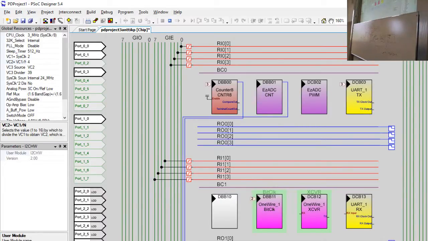But this I2C master is software only. It does not take any digital resources, because the timing is quite simple to arrange, fast or slow enough.